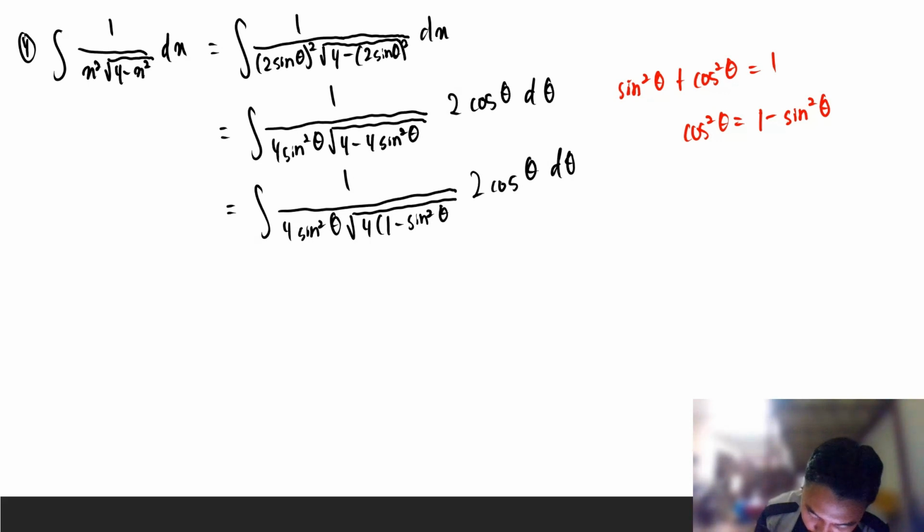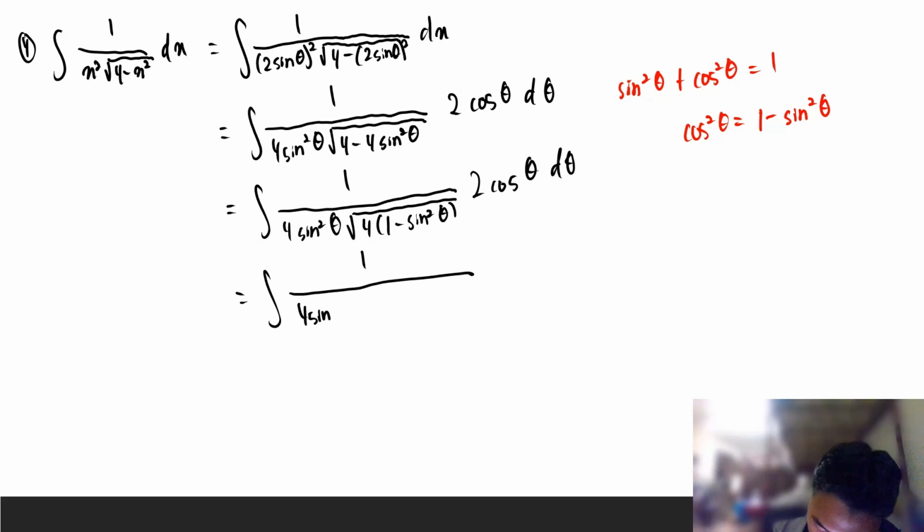Substitute that into the solution, and we get 1 over 4 sine squared theta, square root of 4 cos squared theta, times 2 cos theta d theta.